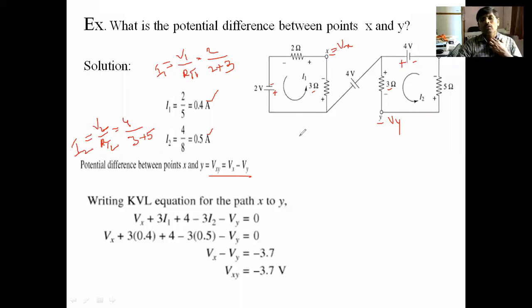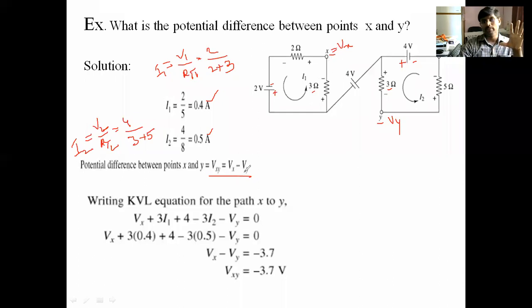Now to find the potential difference Vx minus Vy, you just apply KVL for the path X to Y. We are assuming that here Vx is at higher potential.